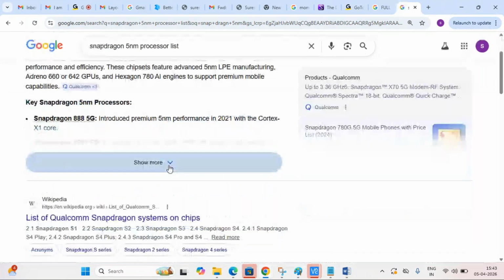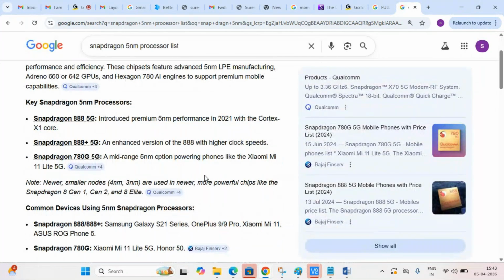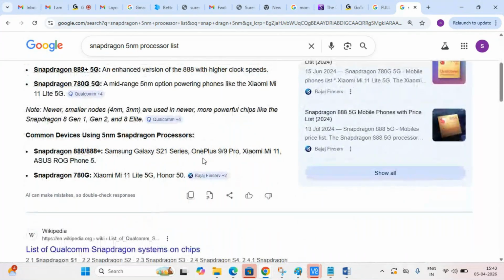I think recently the Samsung S26 Ultra, and Samsung S21 already, they have used OnePlus 9 Pro.